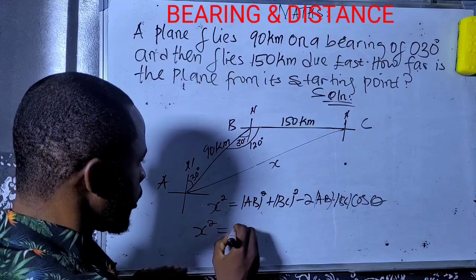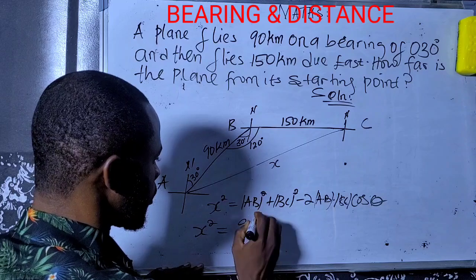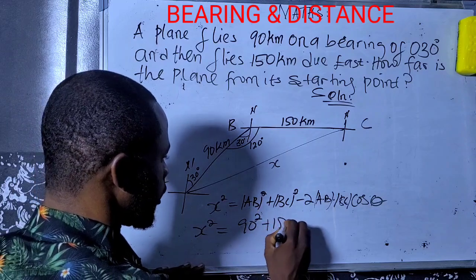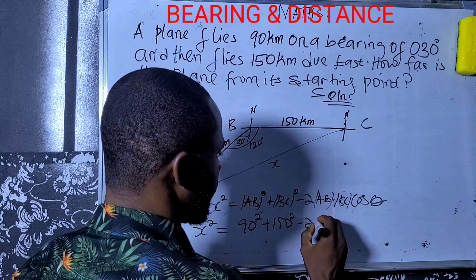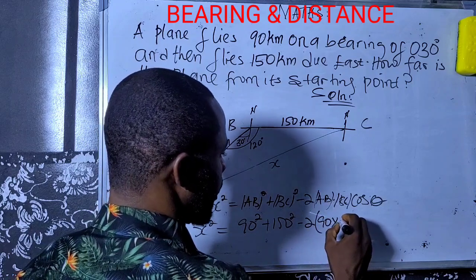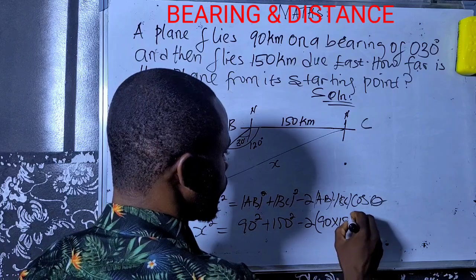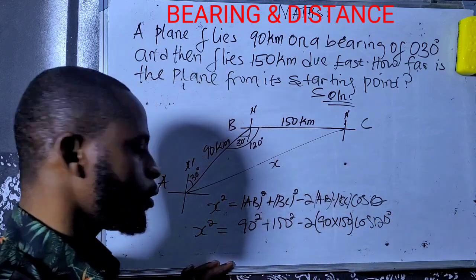Now, you substitute your values into this formula. You have that x squared equals 90 squared plus 150 squared minus 2 multiplied by 90 multiplied by 150 cos 120 degrees.